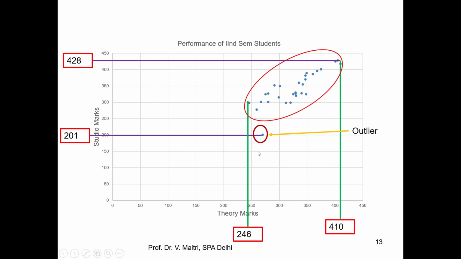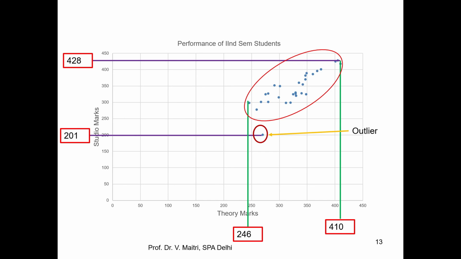If his theory marks are also less, if he falls in this category, then I should check theory marks of all the papers. So which paper is he not able to understand properly? Is it a planning oriented paper, designing oriented paper, mathematical oriented paper, or engineering oriented paper?